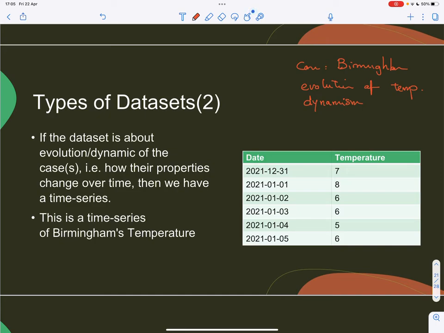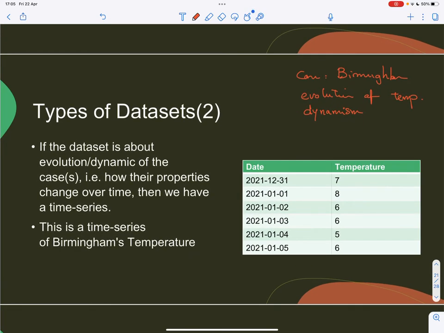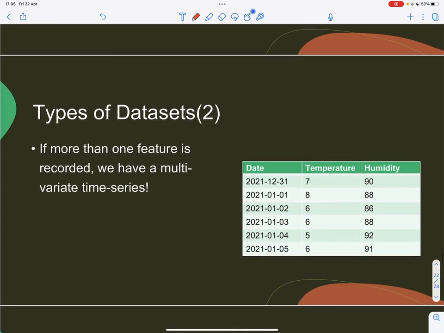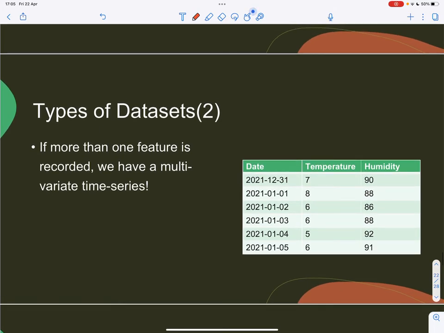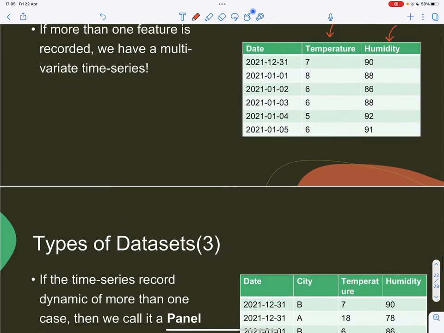And this is called a time series. It has one variable, temperature, and therefore it's a univariate time series. We can have a multivariate time series if I measure not only temperature but also humidity. So time series: univariate, multivariate.